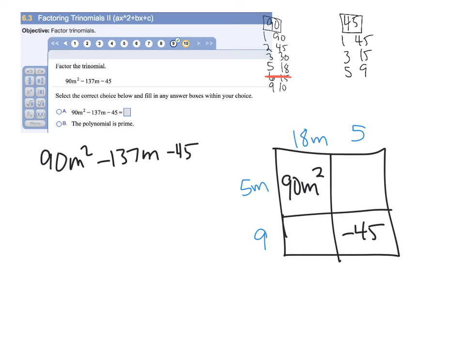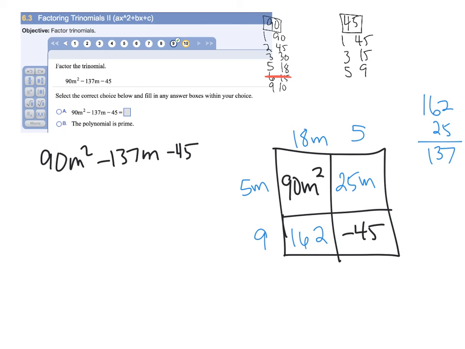So I'm going back to this list, and I grab the 5 and the 9. That gives me 25m, and this gives me 162. And look at that. When I do 162 minus 25, that gives me 137. Rockin'.